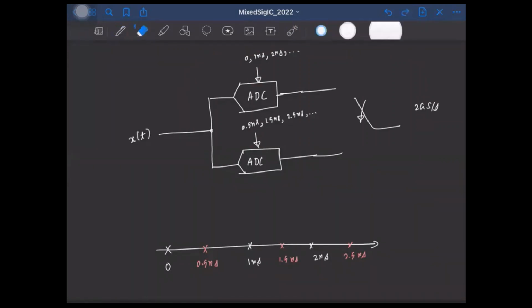In general, if we have 2 such ADCs, each having a capacity to sample and digitize at say 0, 2TS, 4TS, and so on, we can have the second ADC operating with a time offset of TS. So this will be sampling at TS, 3TS, 5TS, and so on, right?